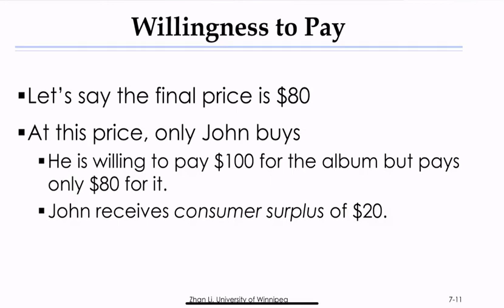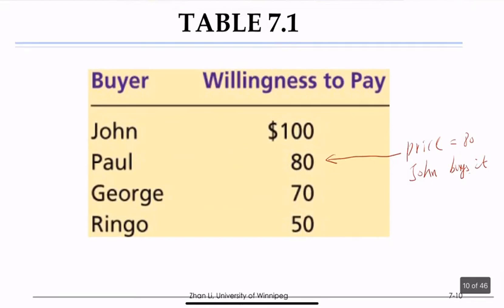The important thing is calculating consumer surplus, right? So how do you calculate John's surplus? Just think about this. John is happy to pay $100. But in reality, he only paid $80. This basically implies that there is a $20 surplus, right?